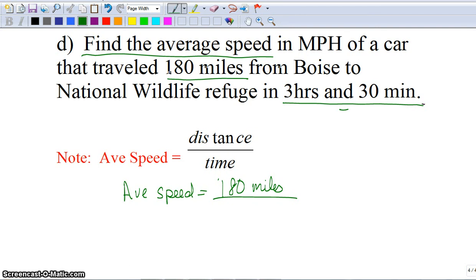So let's read the problem again. Find the average speed in miles per hour. Well, if I need to find it in miles per hour, I want to make sure that I leave my time in hours. So I need to find a way to convert 30 minutes to its hour equivalent.